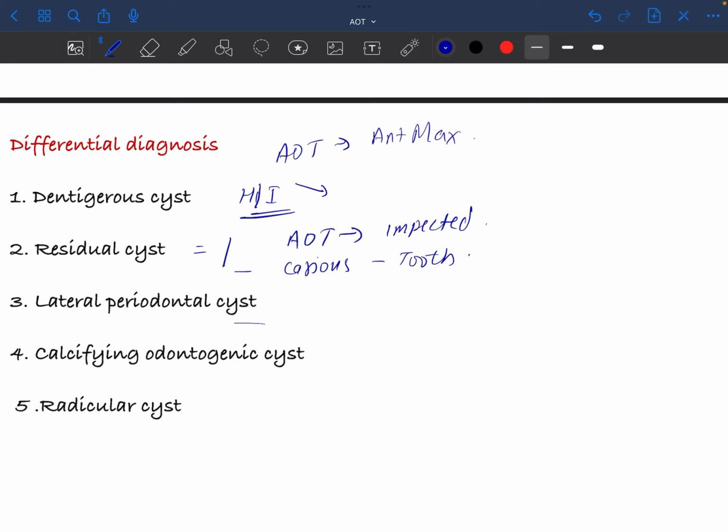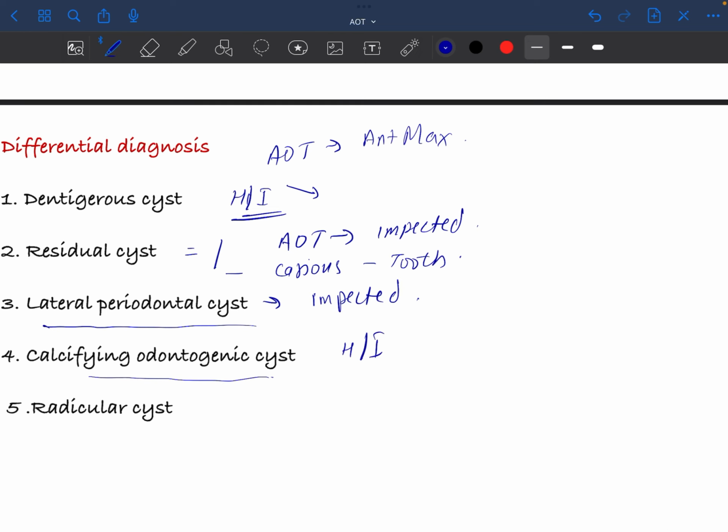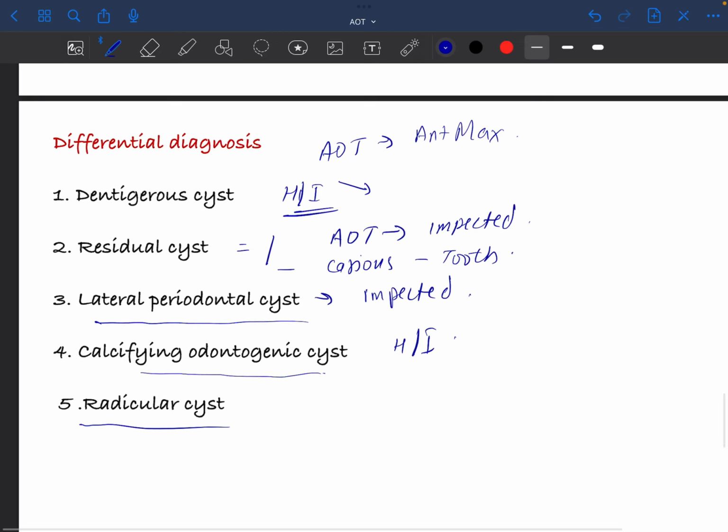Lateral periodontal cyst is very confusing sometimes. All you have to look out for is involvement of an impacted tooth. COT, CEOT or COC, all these calcifying lesions are differentiated from each other. If you see calcification radiographically, you cannot differentiate them. The only differentiator is histological diagnosis.